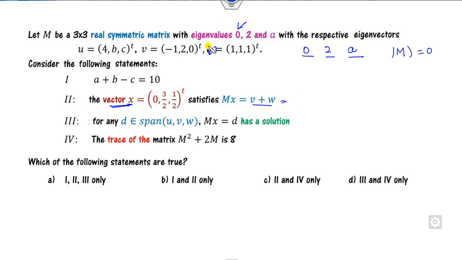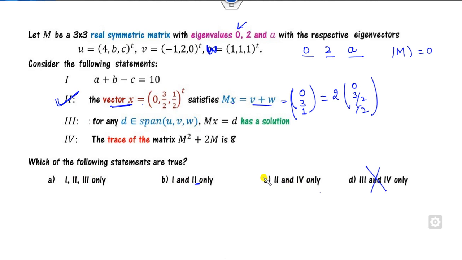It is 0, 3, 1. So is it possible? Yes, I can take 2 as a common factor, so it is 3 by 2, 1 by 2, because 2 is one of the eigenvalues. So there exists such an M. Yes, it's a correct option. So this option is cancelled out.